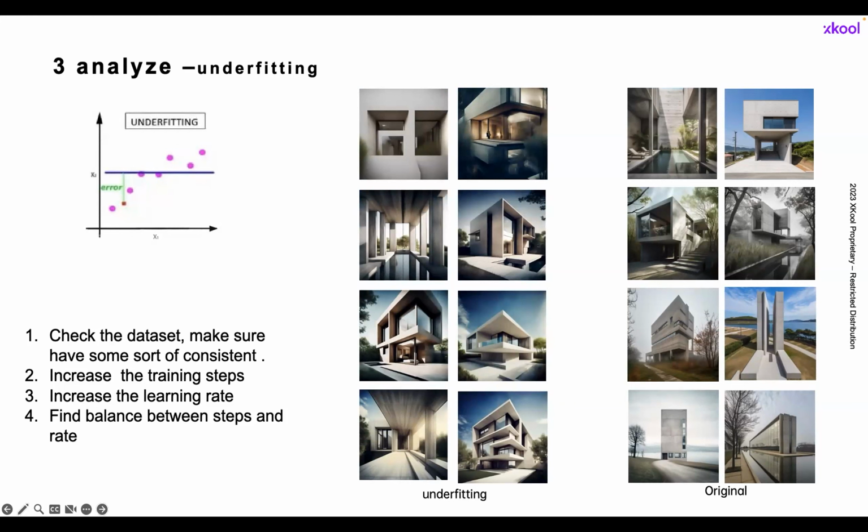So you have to make it consistent. And the second is to increase the training steps. Sometimes you just need to do that and you'll get a good result. But unfortunately, most of the time you have to check all the steps and change all the numbers to figure out what will get the good result.